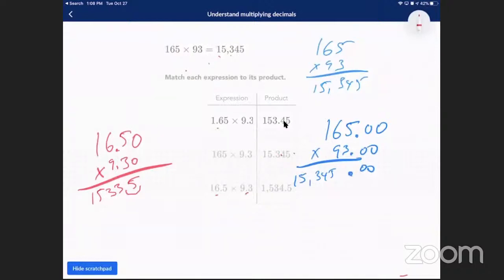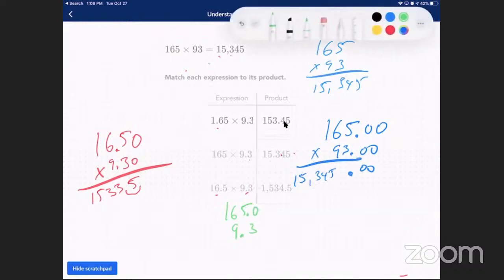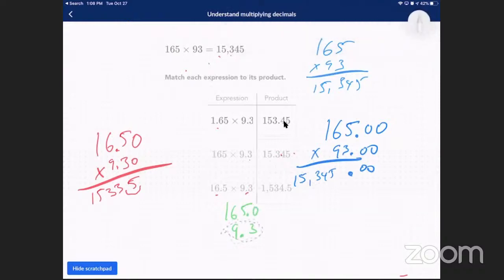Now, 165 times 1.53, that would basically be 165, and you have 9.3. I'm going to put a 0 here, so that way we would know that these pieces, this is right.